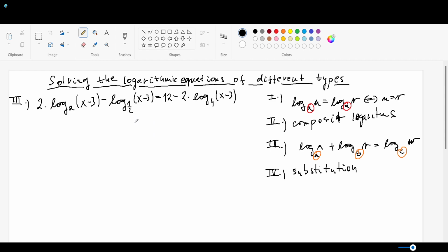We will use the laws of logarithms in this case, and the main thing here is to look for a common base of these three bases.